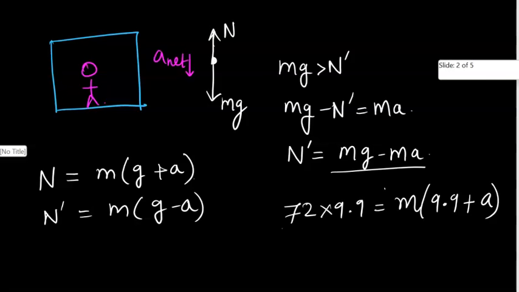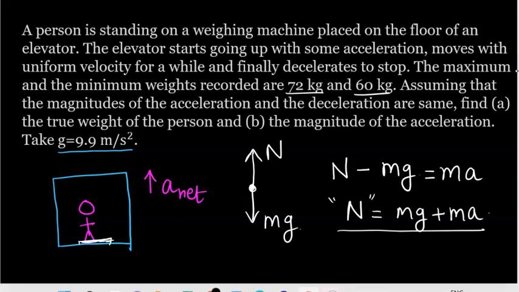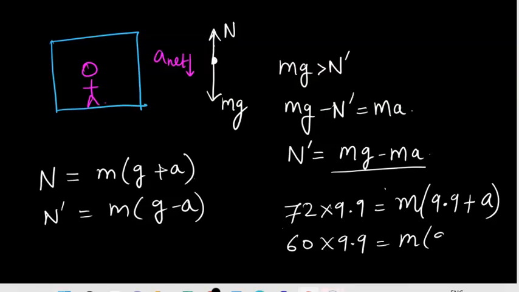N dash is 60, yes, 60. 60 into 9.9 is equal to m times 9.9 minus a. There are two variables and two equations, so by solving this simultaneously we will get the answer.